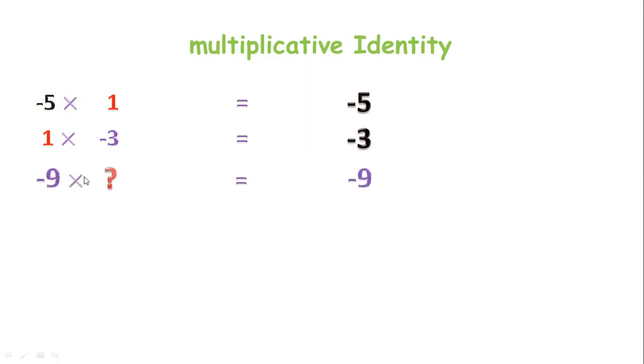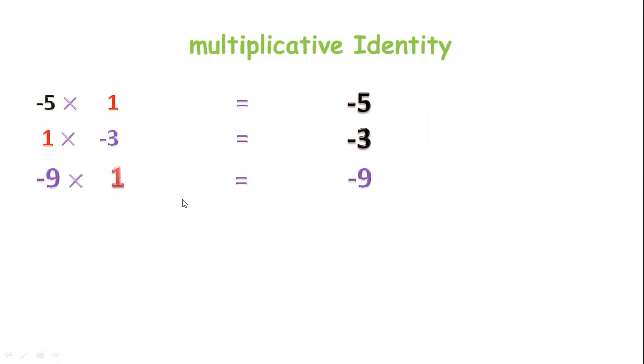Let us see which is the multiplicative identity. Multiply minus 5 by 1. What is the answer? You will get the same number as the answer, that is minus 5. Multiply 1 by minus 3. What is the answer? You will get minus 3. Minus 9 into what is equal to minus 9?